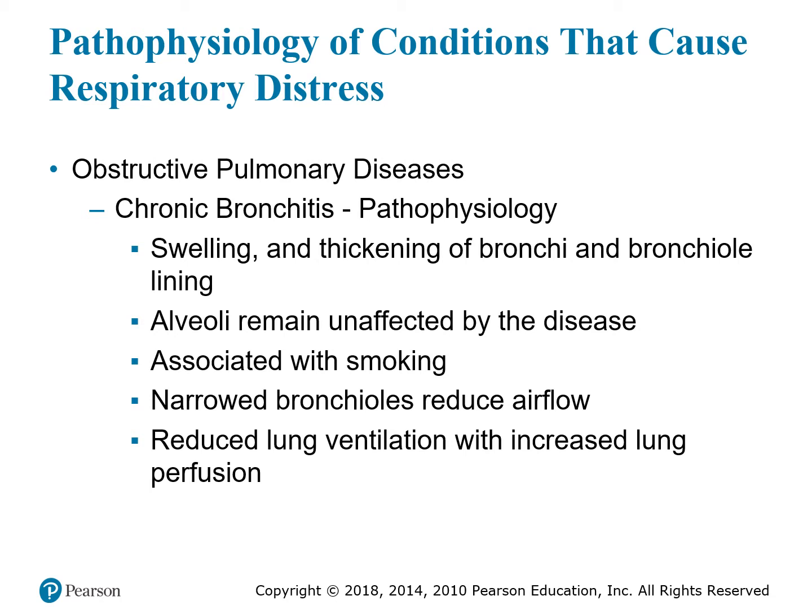With that narrowing of the bronchioles, we don't have as much airflow coming in. So this is associated with the term blue bloaters, where your patients are cyanotic in appearance, and they tend to have a buildup or retention of fluid in their bloodstreams, and so they get that swelling look.